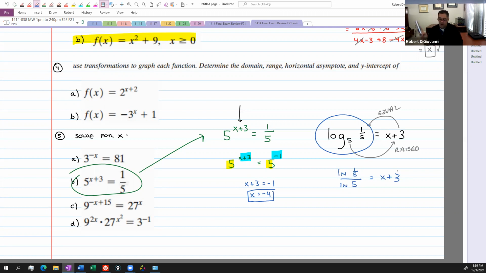And on my calculator, it does tell me that this turns out to be -1. Now you might get a decimal, really close to -1. Maybe you'll get like -0.9997 or something. Go with whatever you get on your calculator. Subtract 3 from both sides, you get -4. That's the harder way. That's the more tedious way. Got it?